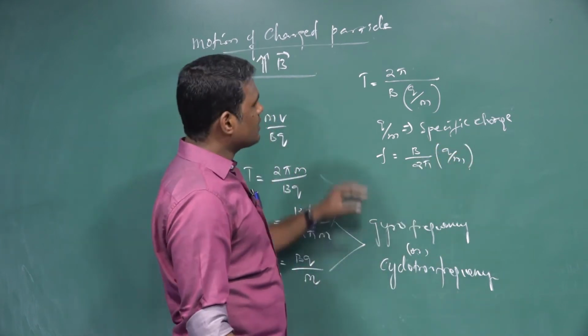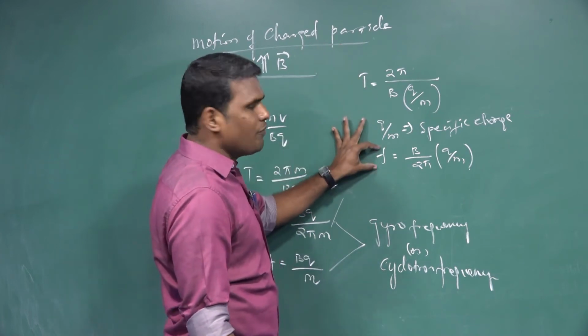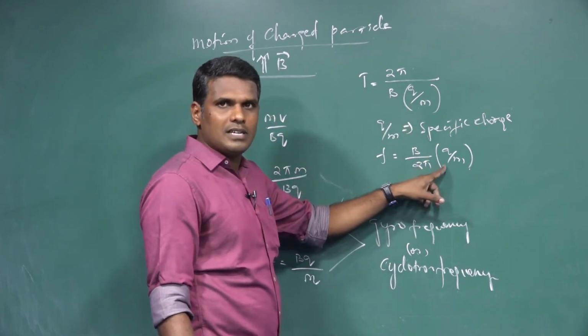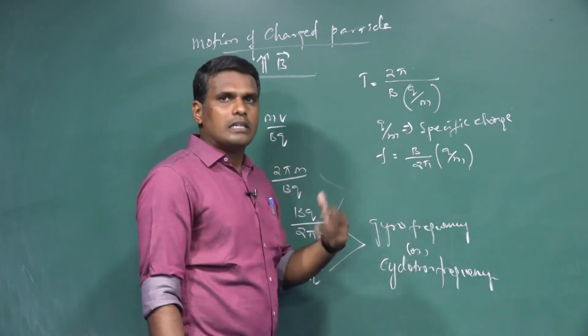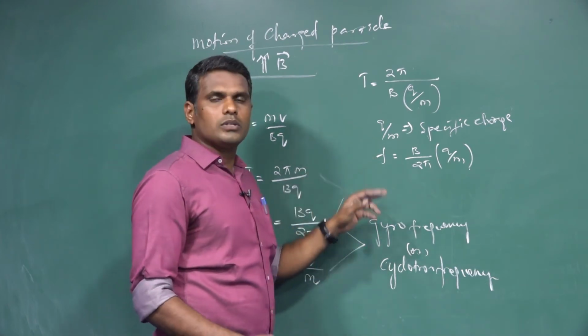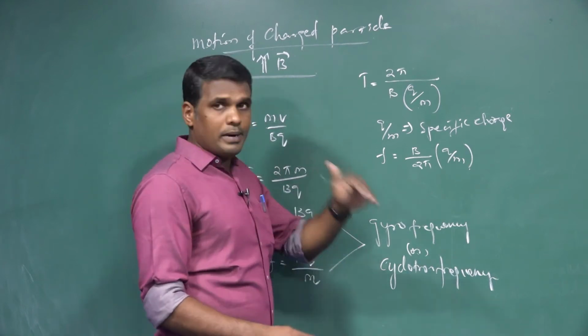So, what we can conclude from these expressions is that the time period and the frequency of the charged particle depend upon the specific charge of the charged particle and not on the velocity and the radius. So, time period and frequency are independent of velocity and radius. This is the important result.